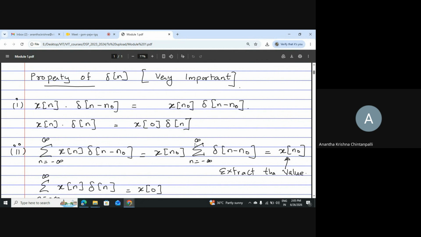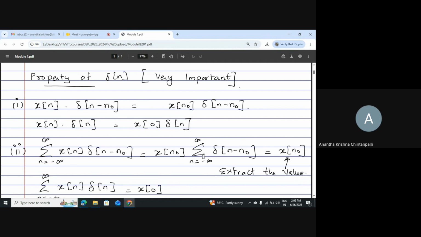How you extract the value of x of n naught is you just take this and put a summation of n going from minus infinity to infinity of x of n delta of n minus n naught. Clearly from this, we know the result is x of n naught times the summation of n from minus infinity to infinity of delta of n minus n naught. This value is going to be 1, because delta of n minus n naught, at n equal to n naught, the value is 1.